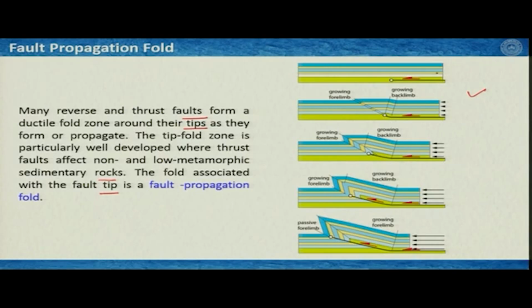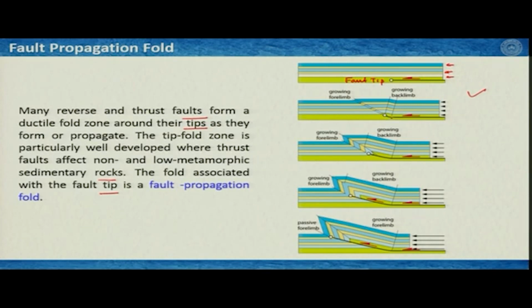So we have a series of sedimentary layers, and say we have initiated, due to some compression here, a thrust, and this is the tip of the fault. It is moving straight, and this part is getting contracted. Now because it is a thrust fault, it has a tendency to move upward with a higher dip.